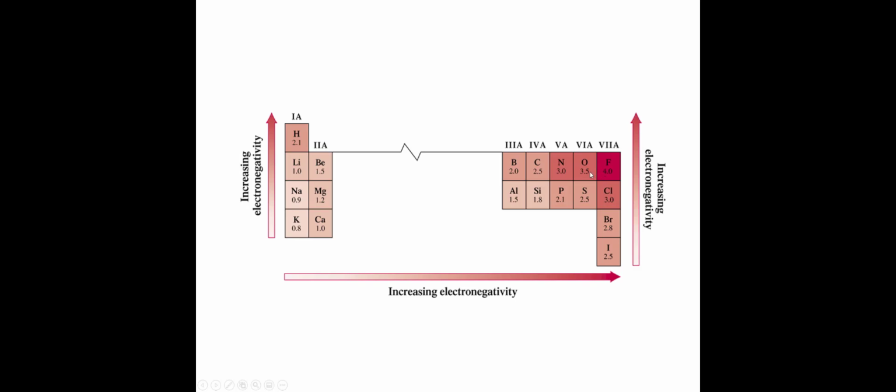So 4.0, 3.5, 3.0, 2.5, hydrogen over there is 2.1, and then boron, which we're not going to talk really about, is 2.0. Chlorine, it wouldn't hurt to know, is 3.0. But these other elements, because they're metals, have such low electronegativity that they're not going to be included in this discussion.